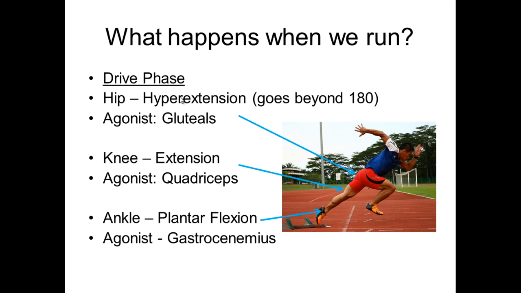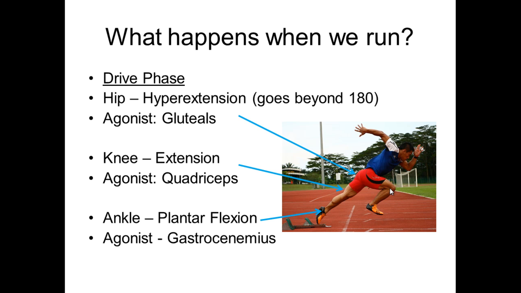You can just normally refer to this as extension in most cases. The agonist, or the muscle that's actually causing that type of movement, is called the gluteal muscles. Whilst the glutes are contracting and putting the leg in hyperextension, the other muscle involved with the hip movement, which is the hip flexor, is relaxing.